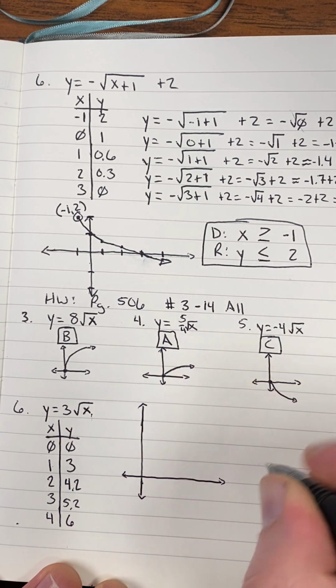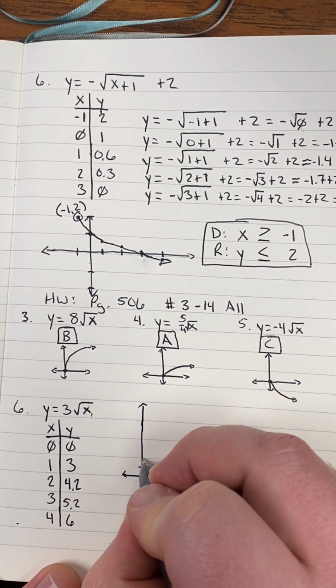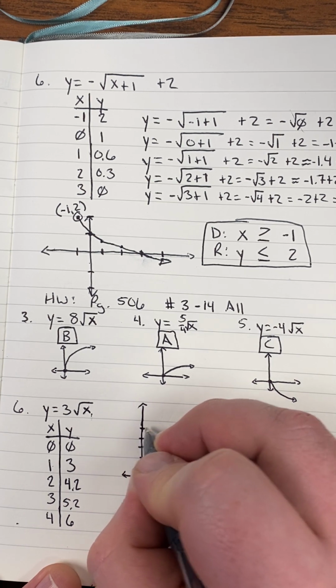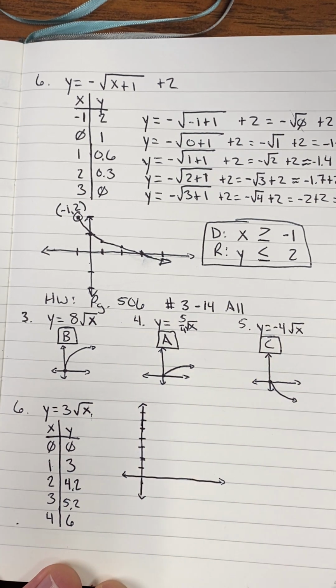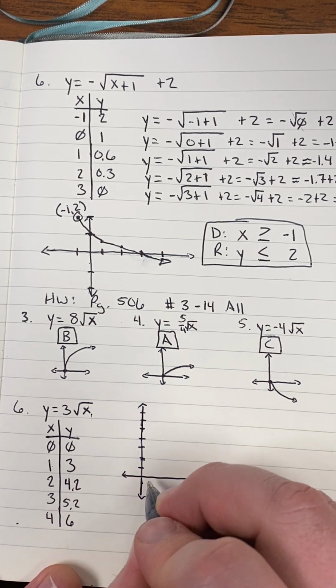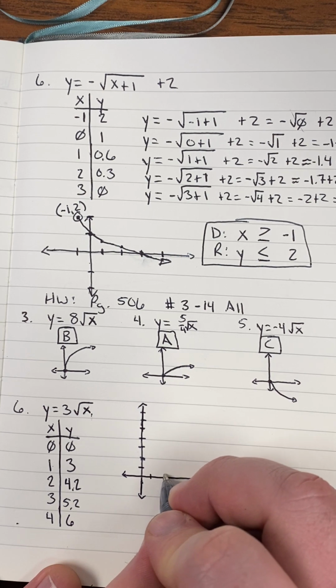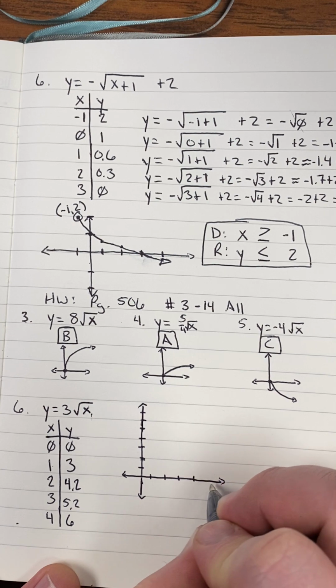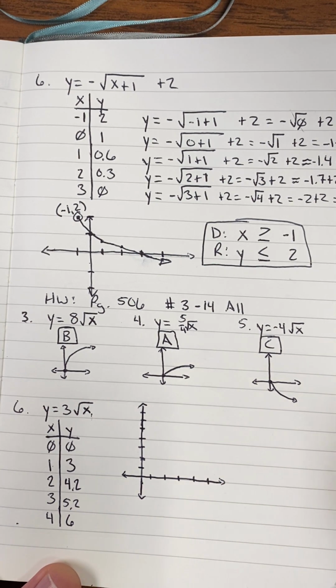Okay? All right. 1, 2, 3, 4, 5, 6. That's how many I needed. And over this way, I need to go up to 4. So 1, 2, 3, 4, and then I always like to add an extra one just for good measure.